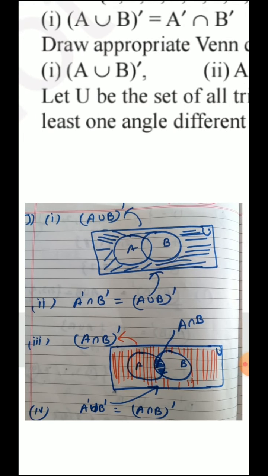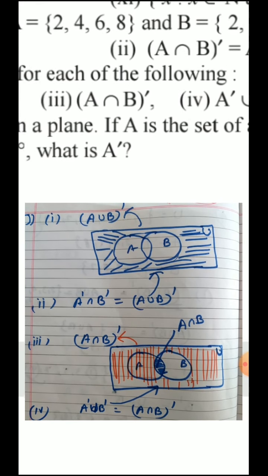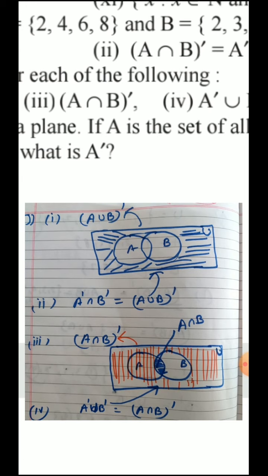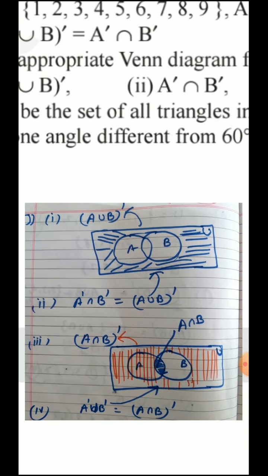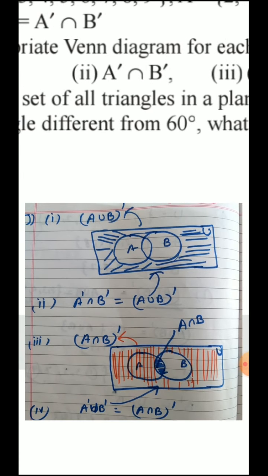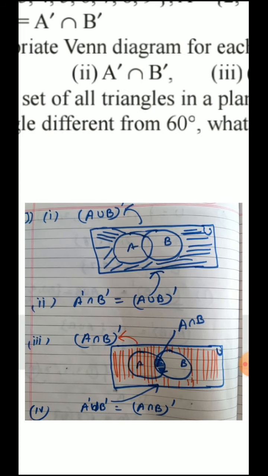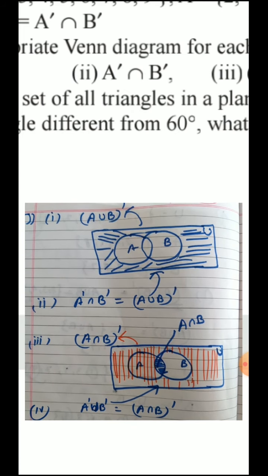U is the set of all triangles in a plane, including scalene, isosceles, and right angle triangles. A is the set of triangles with at least one angle differing from 60 degrees, meaning one, two, or all three angles may differ from 60 degrees.